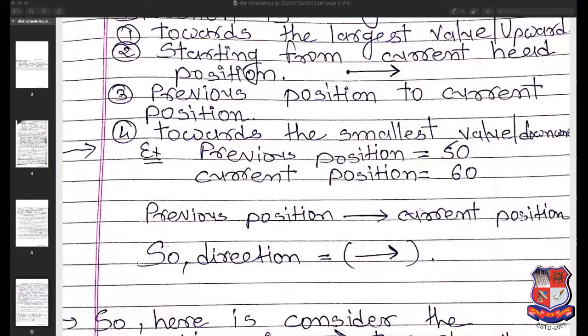If the previous position is 60 and the current position is 50, then the direction is reversed, right to left. Now it is clear.